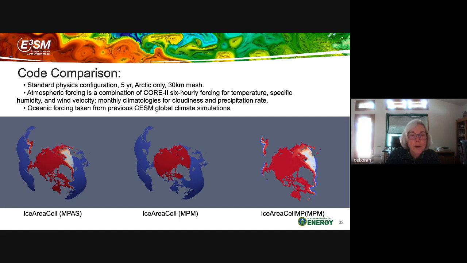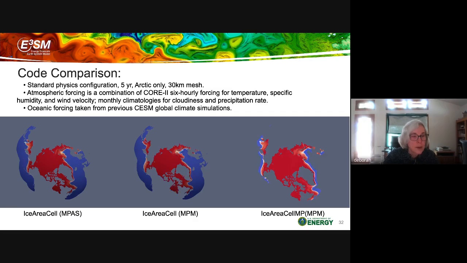We have atmospheric forcing, that's 6-hourly forcing for temperature, specific humidity, wind velocity, and then monthly climatology for cloudiness and precipitation. And ocean forces are taken from previous global climate simulations.